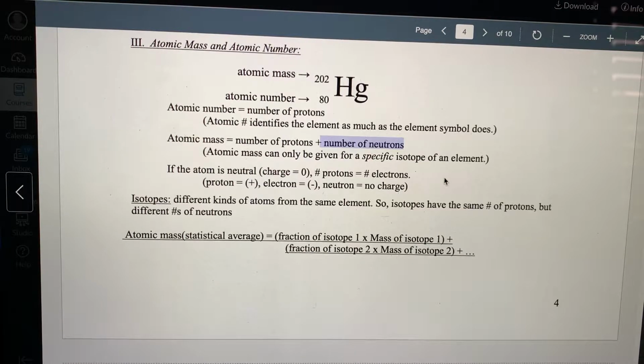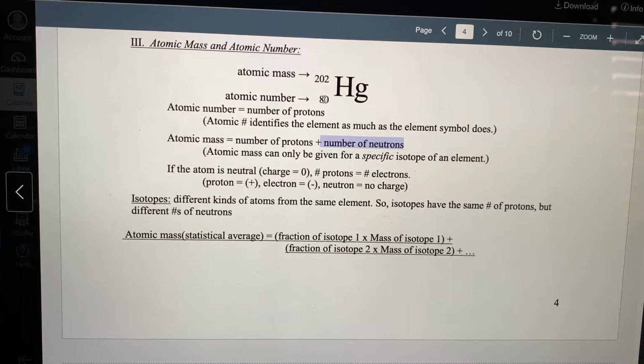Isotopes are different atoms from the same element, and they only have a different number of neutrons. Everything else is the same: the protons and electrons are the same. That's why you see all these decimal numbers for the atomic mass.